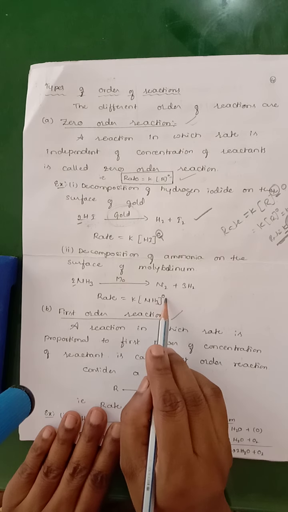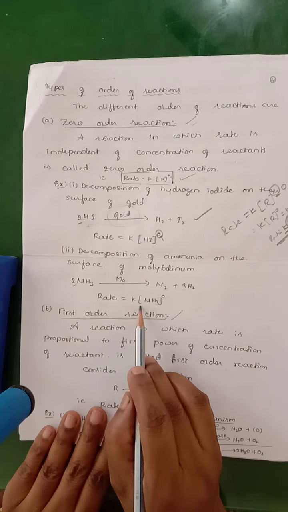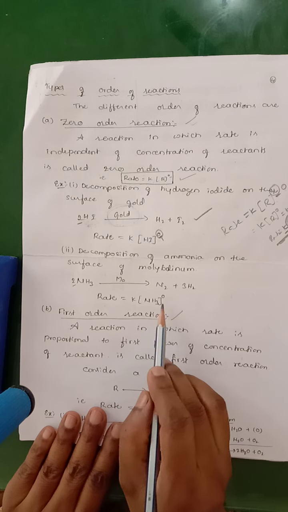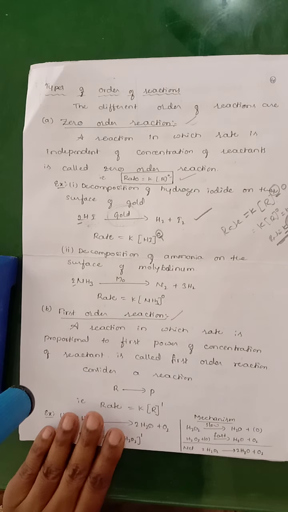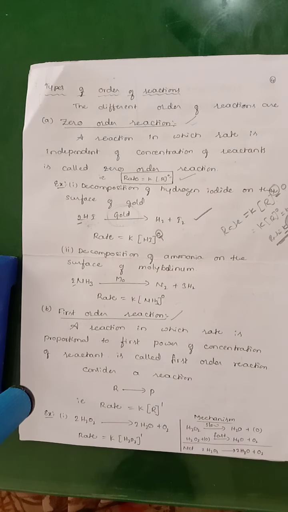Anything power 0 can be taken as 1. So rate of reaction is equal to only k. K into 1 is k. Hence it is one of the zero order reactions because it is independent of concentration of reactants. Okay, so that is nothing but a zero order reaction and the examples of zero order reaction.